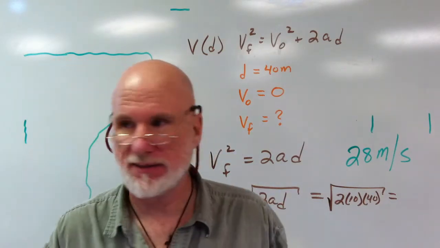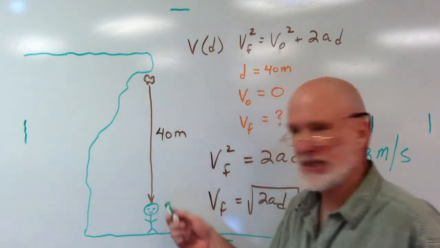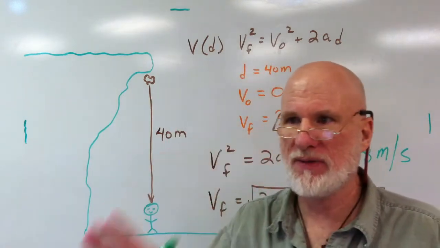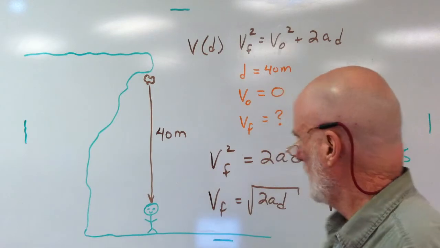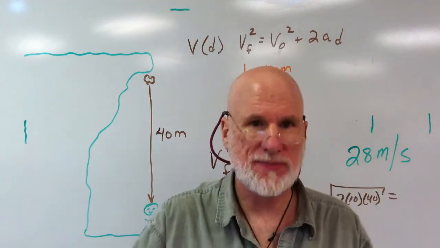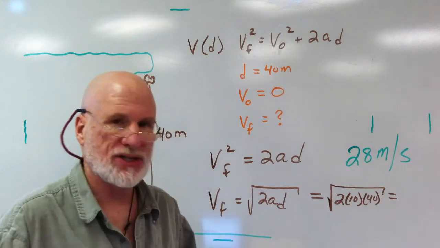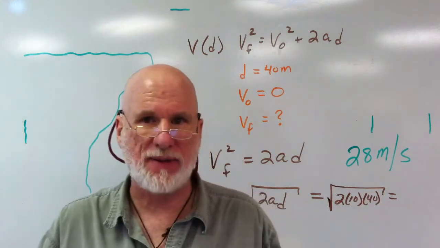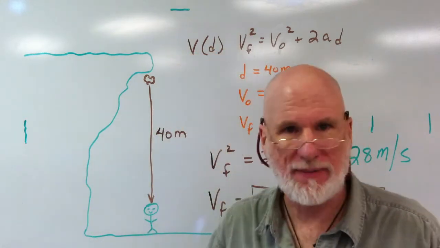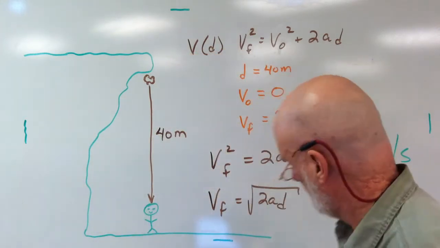So it's pretty fast. That is going to be on top of you very, very quickly. That's the answer, 28 meters per second, which is about 60 miles an hour. It's faster than 25 meters per second.